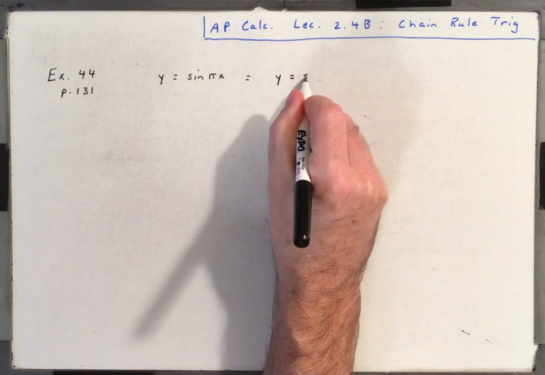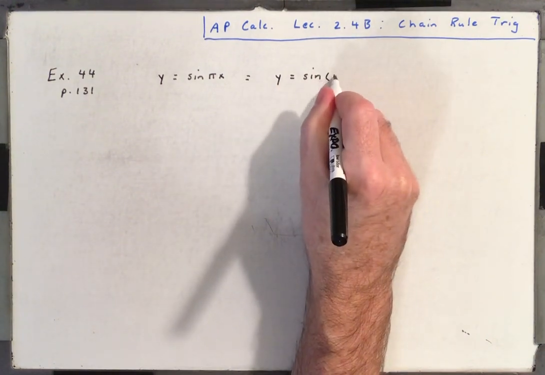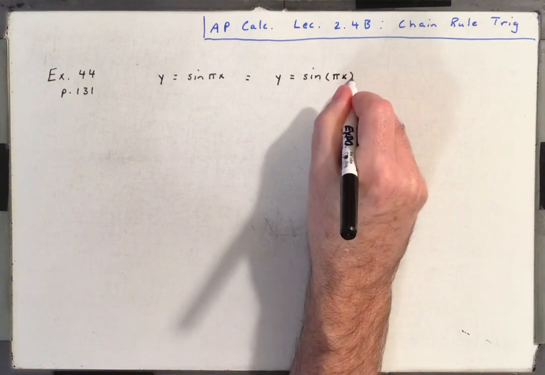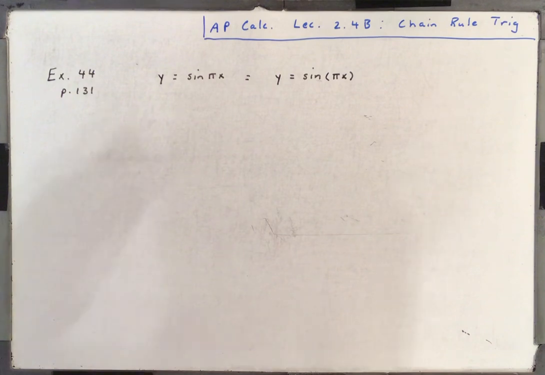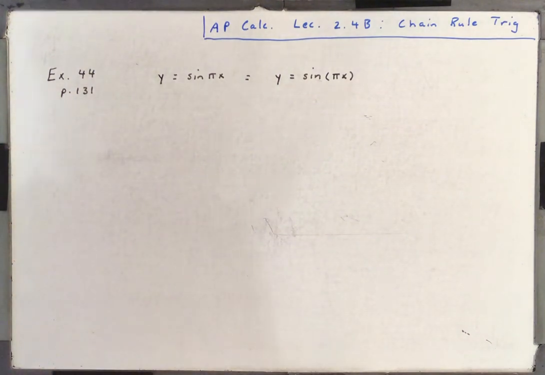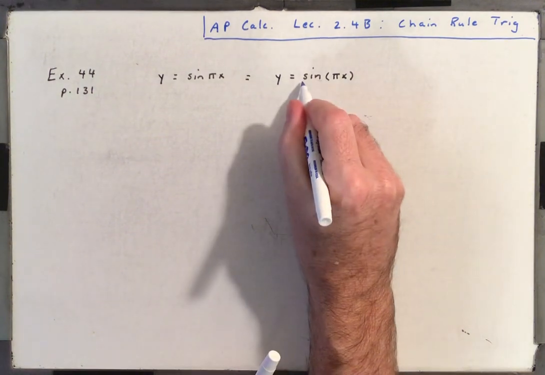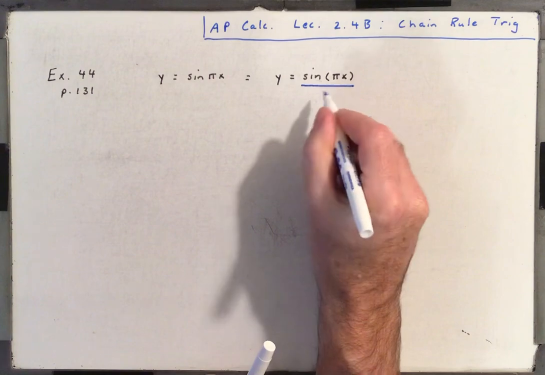y is equal to sine, and put parentheses around the angle. So sine of pi x. Because of that pi in front, we have an outer function that I'm going to do in blue here. That's the outer.